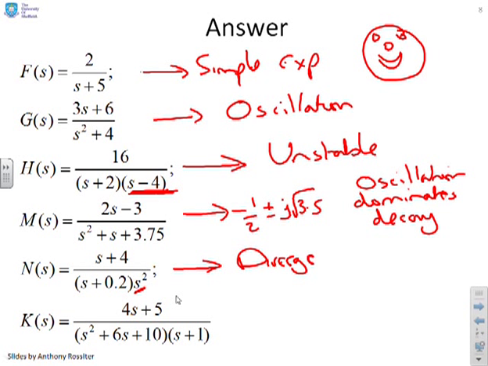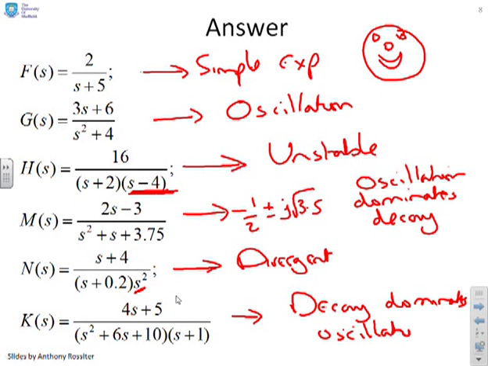It will go off to infinity because I've got a double pole at the origin. So again, I won't be able to plot that one. And this one here, you had poles at -1 and -3 plus or minus j, so you should have decay dominates the oscillation. So this one you expect to be satisfactory.